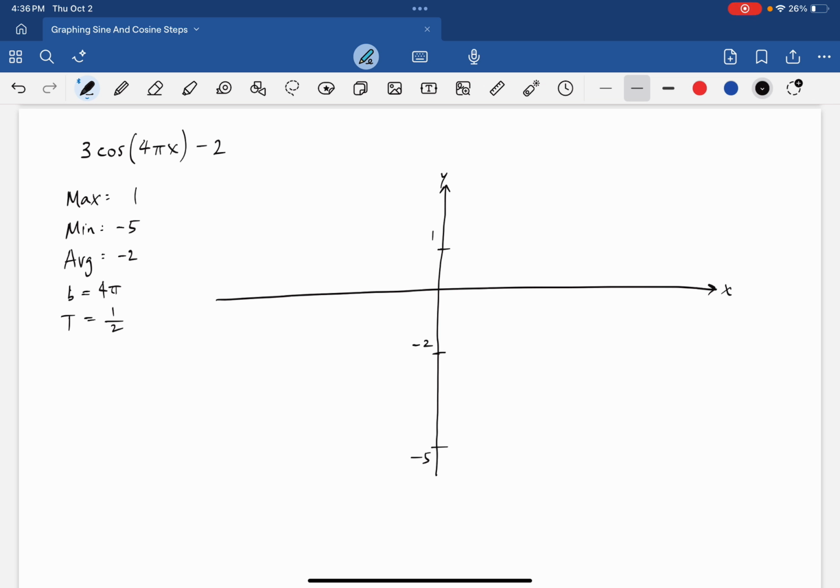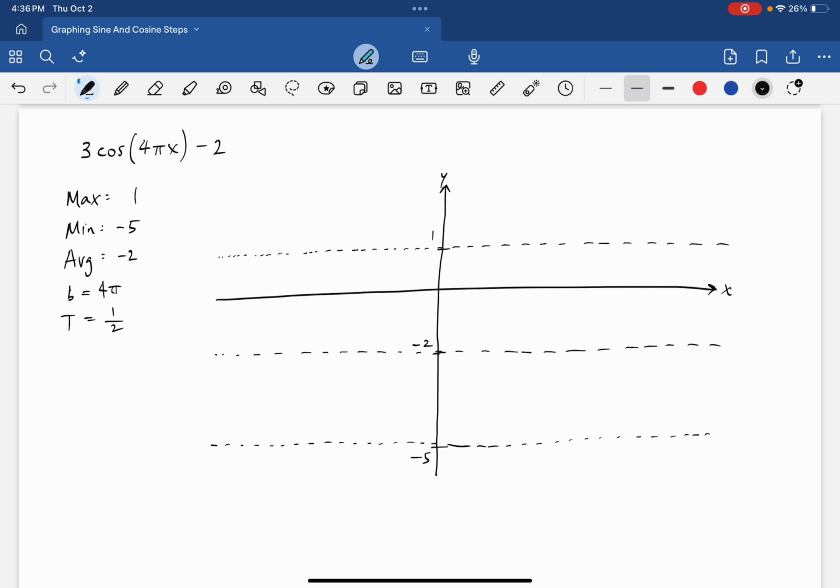And so for these kinds of questions with vertical transformations, it's going to be super important to draw these 3 horizontal lines corresponding to this maximum, minimum, and average. So I'm going to draw a maximum line here, an average line here, and then a minimum line, a lower boundary right here.